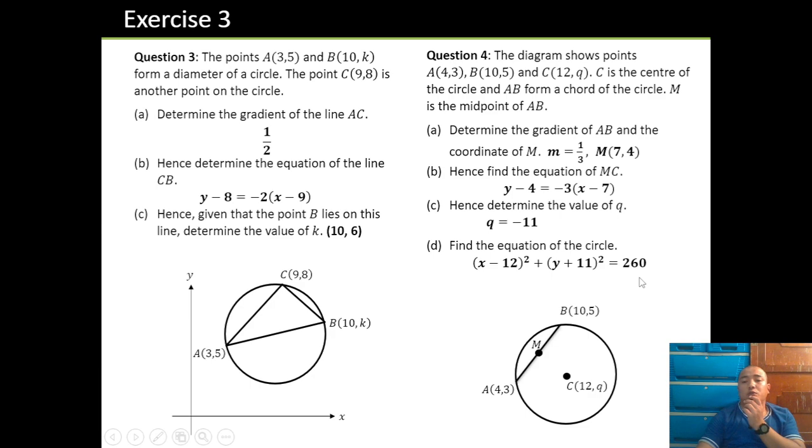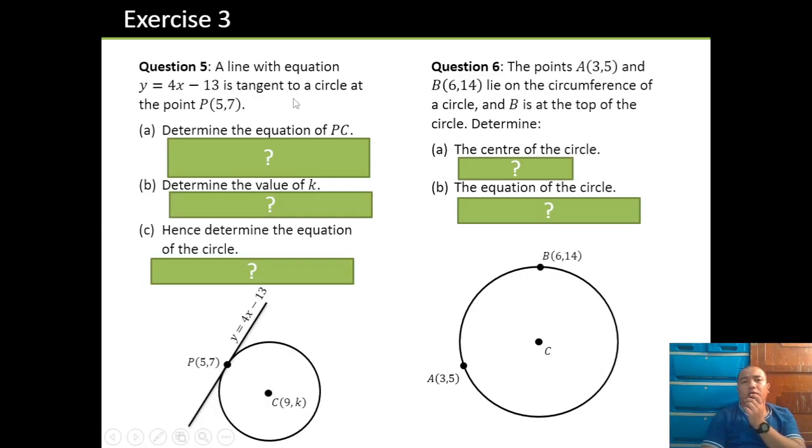And the radius. The line with the equation y equals 4x minus 13 is tangent to a circle at (7, 5). What is the equation of PC, the radius? y minus 7 equals negative 1/4 times (x minus 7).